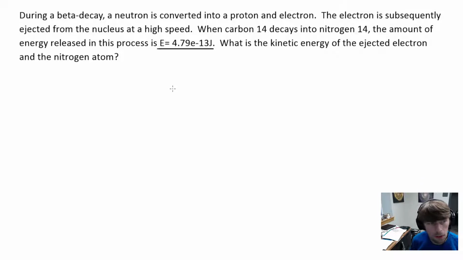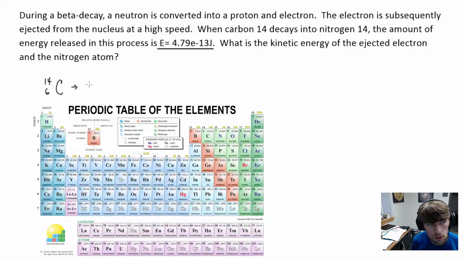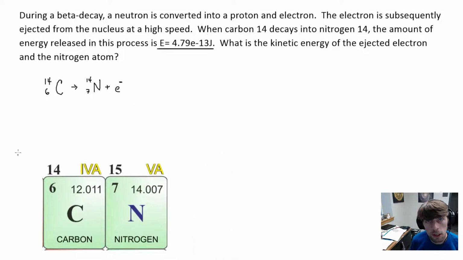Okay. So if you're writing out our chemical formulas, we have something like this. We have 14 and 6, which is carbon, based on the periodic table, goes into 14 and 7 nitrogen plus an electron, e negative. So this is the process that we're looking at.